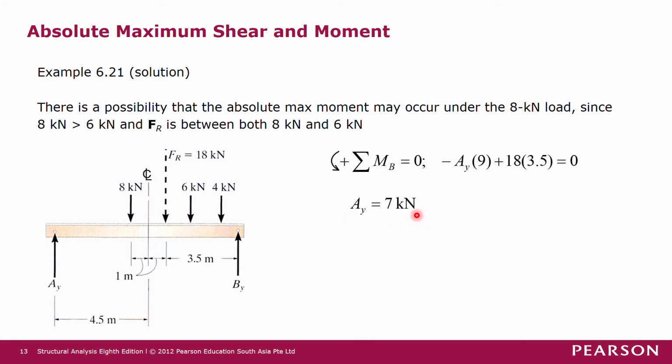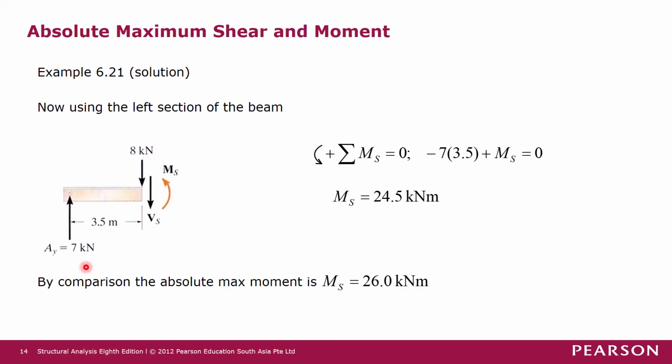Now we want to cut across a section here because we assume that maximum moment occurs here. So you cut across this section and isolate this part as the free body diagram of the beam, and we get this diagram here. AY is 7 kilonewton as we have solved just now. Once you cut across the section, we have shear force and bending moment, and we put them in the positive sign convention.